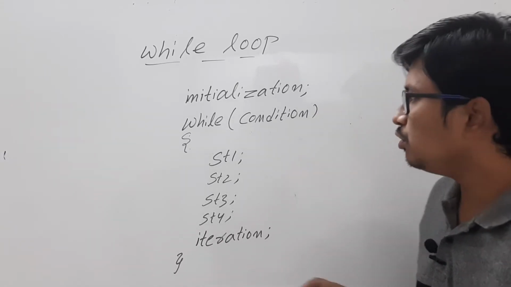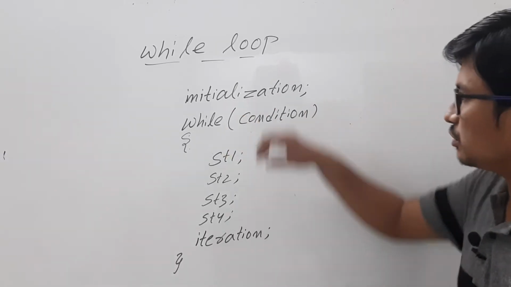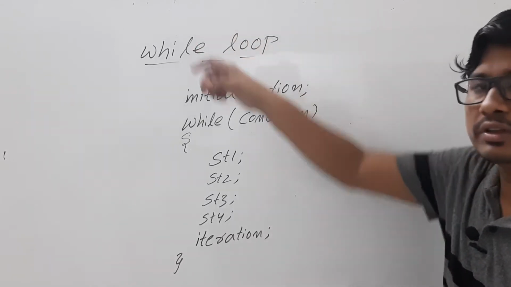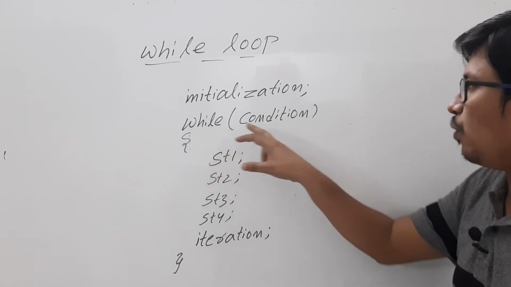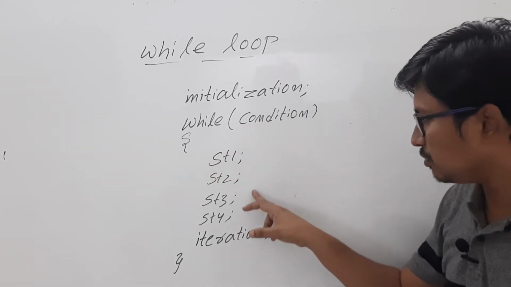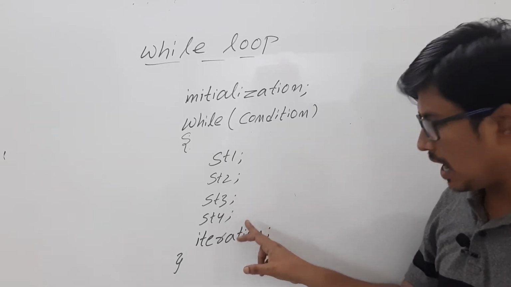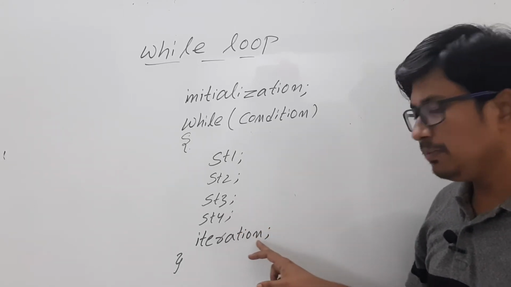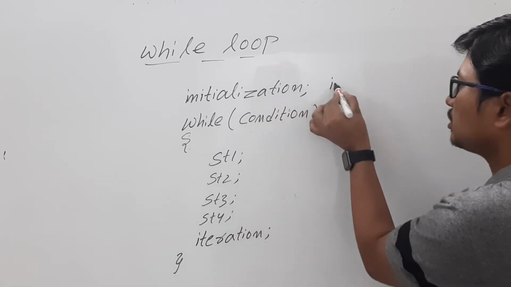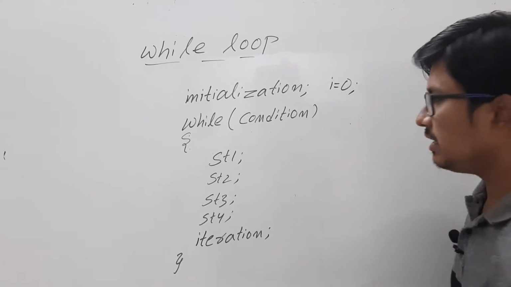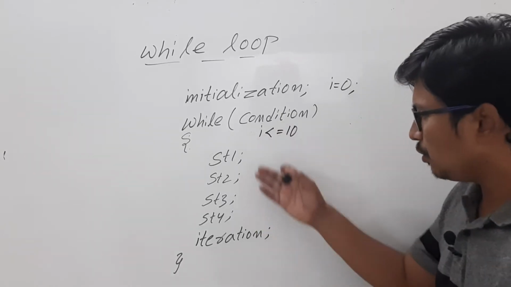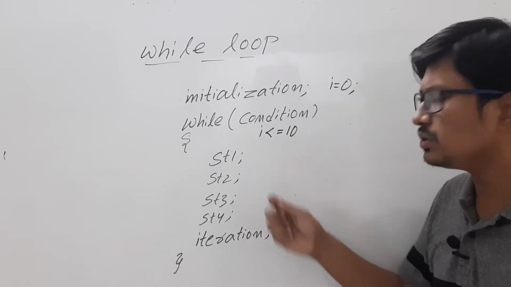So any loop needs to have three sections. One is initialization, which you write before the while loop, and then while you will have a condition. If the condition is true, these statements will be executed once, and then it will be iterated. Suppose the initialization is i = 0. The condition you are verifying is i <= 10, and you are printing the i value or doing a certain task.